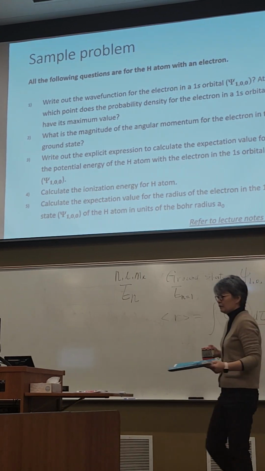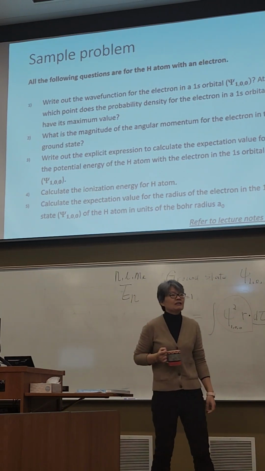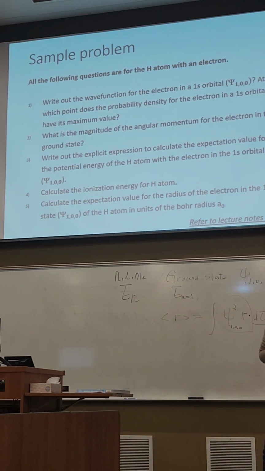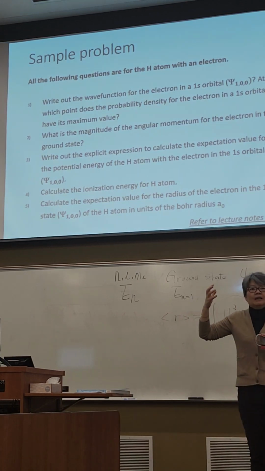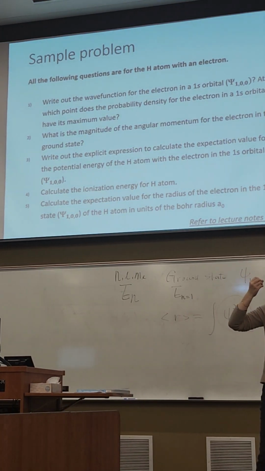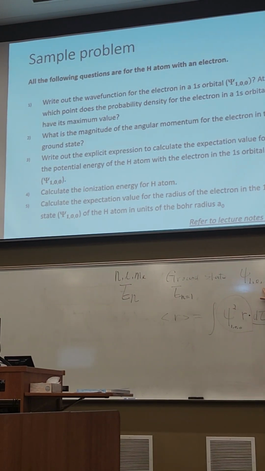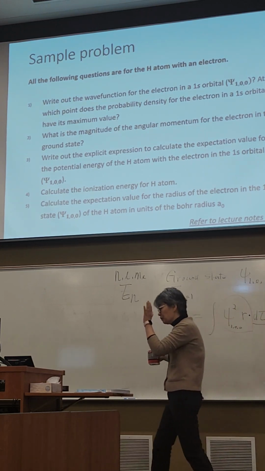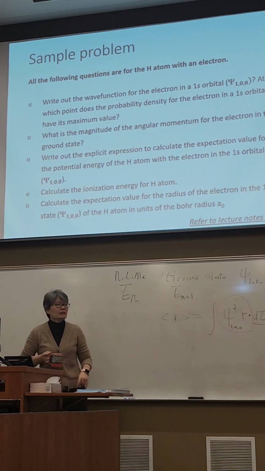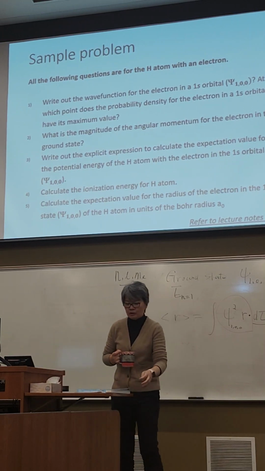The reason we say the 1s orbital is because the electron can be defined by a whole series of quantum states, defined by those 3 quantum numbers. So you need to know at which quantum state it will have a different value. If the electron is in 100, the average value is not the same as 200 or 300. So at this particular quantum state, can you set up the expression?